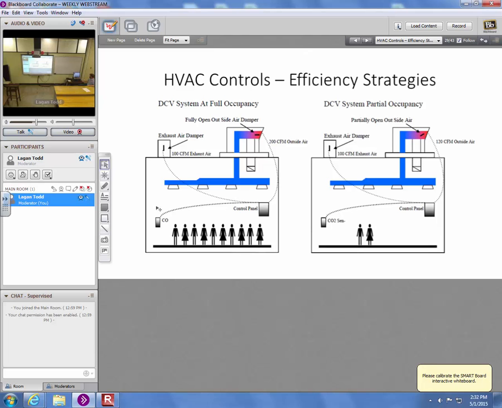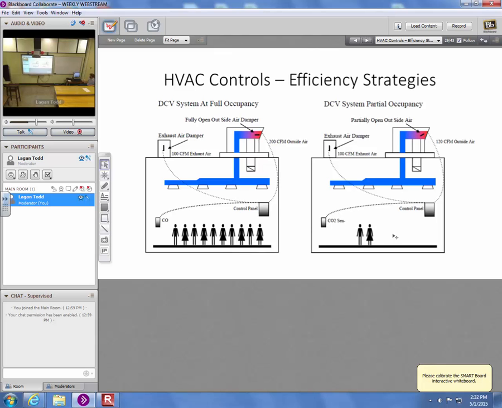Exactly. So here's a good schematic that I found and stole from the web. Here you're at full occupancy. You've got a bunch of people in the space and a CO2 sensor in the space, reporting the CO2 level to the control panel. The control panel compares that CO2 level to a set point, and then makes decisions about how to control this exhaust air damper and this outside air damper to bring in more fresh air.